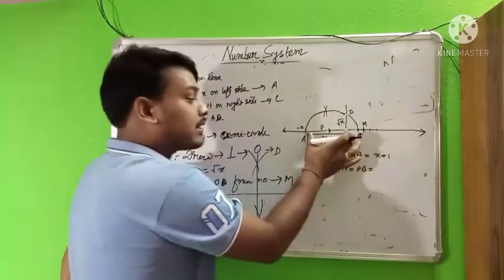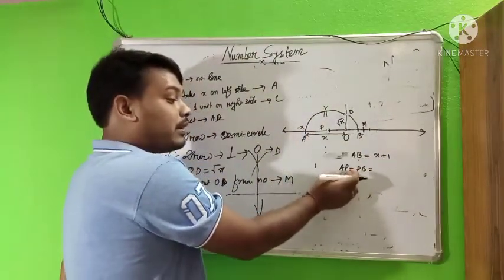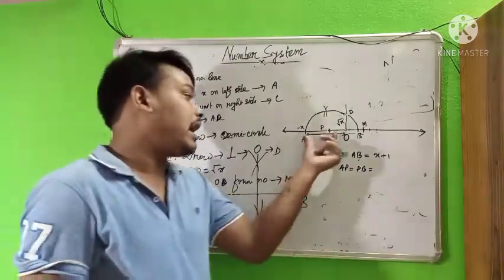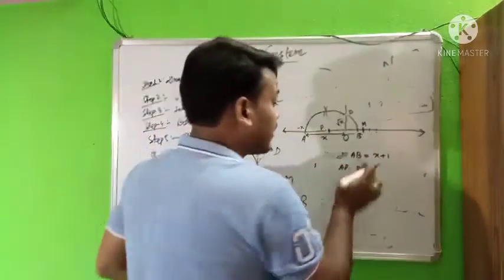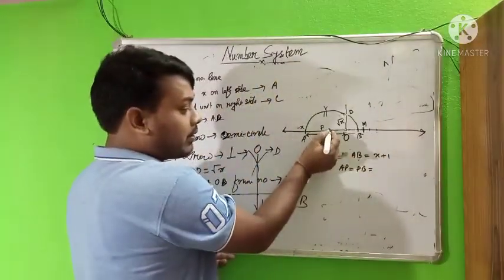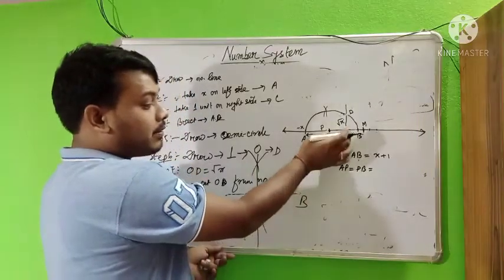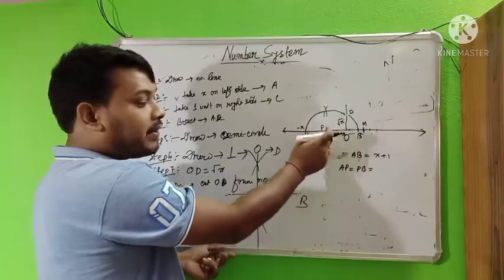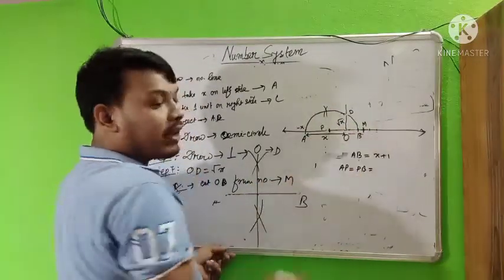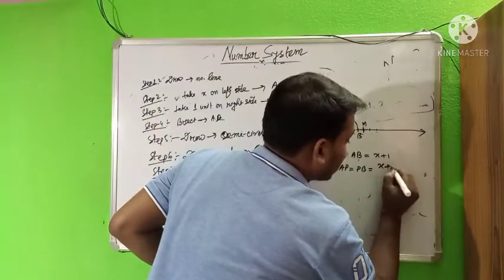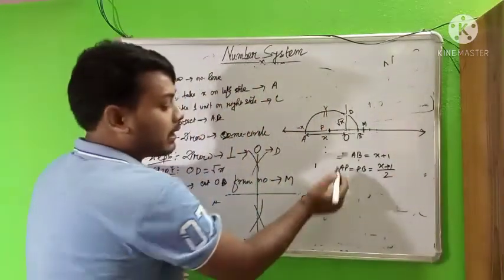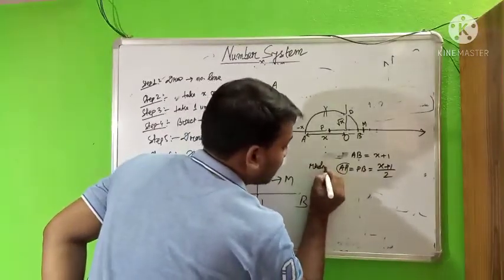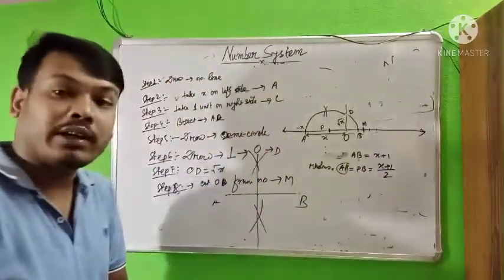It is half of the value of AB total length, and if we bisect AB, then the bisector cuts the line AB at P. So P is the midpoint of AB. Midpoint, that means x plus 1 by 2. Okay, and it is also the radius of the semicircle. Radius equal to AP equal to PB equal to x plus 1 by 2.